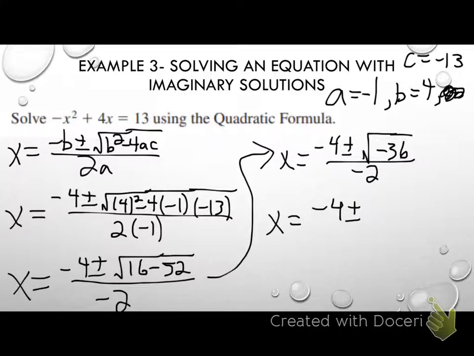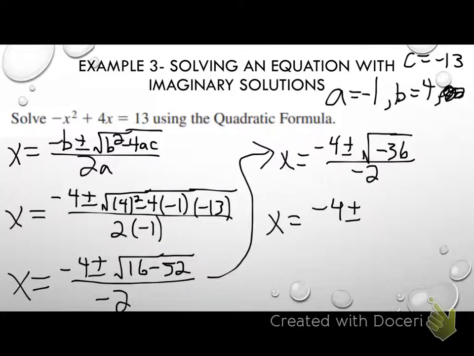Just 6? -6? Well, 6 times 6 would give me positive 36, not -36, and -6 times -6 is positive 36 too. Did we forget how to take the square root of negatives? I did.